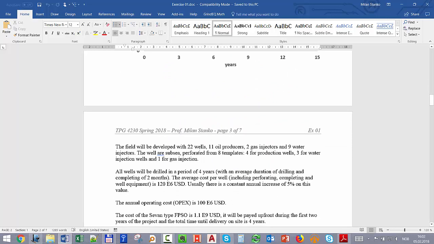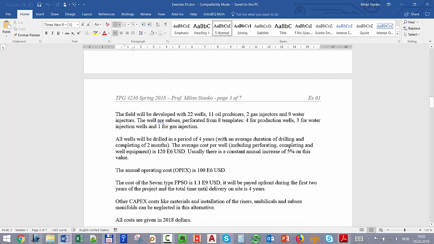Then we have another big cost, which is the Drillex. To make it simple, remember the Drillex depends on how many days you have used to drill the well, because you have a vessel, a boat drilling the well, and if it has problems, it has to stay longer, and then it will cost you more. Then you have the equipment that you have to put inside the well, and the Christmas tree.